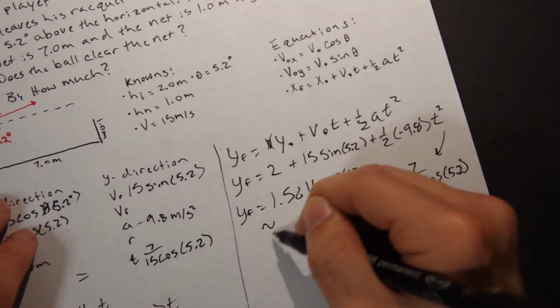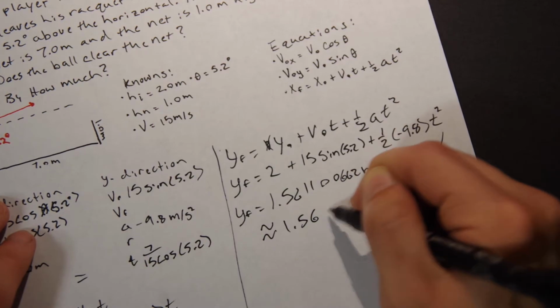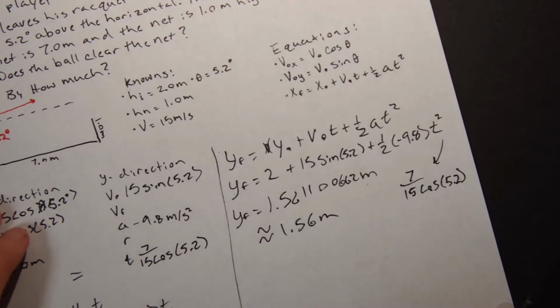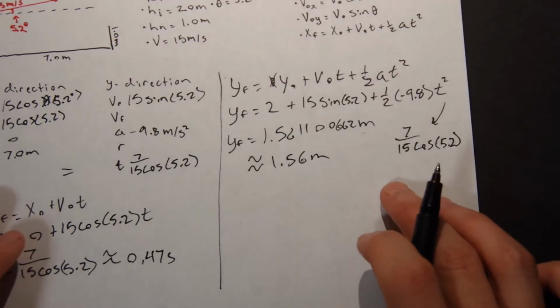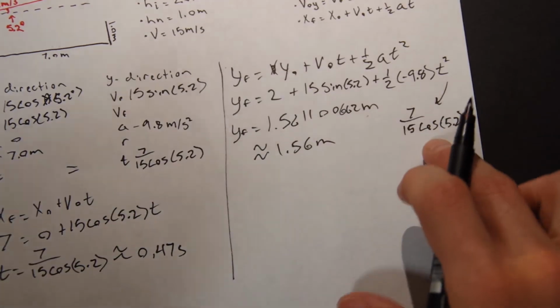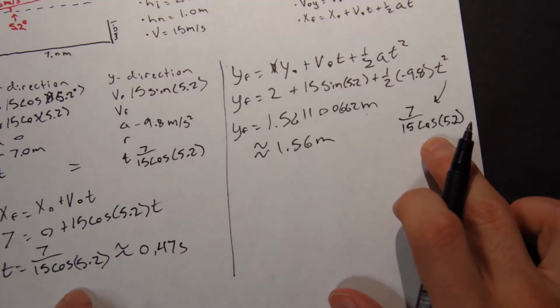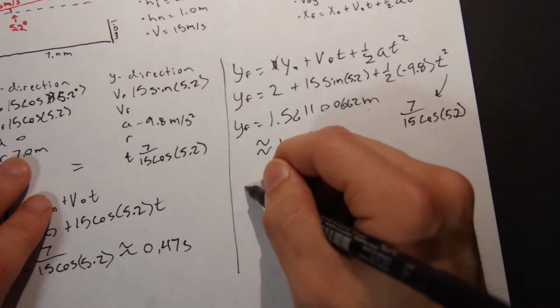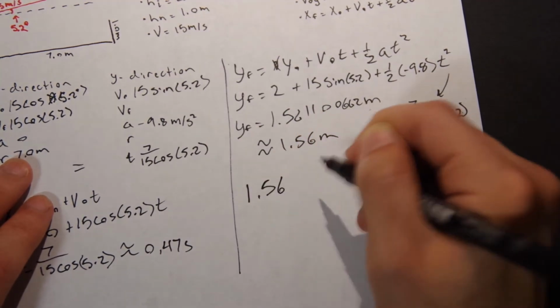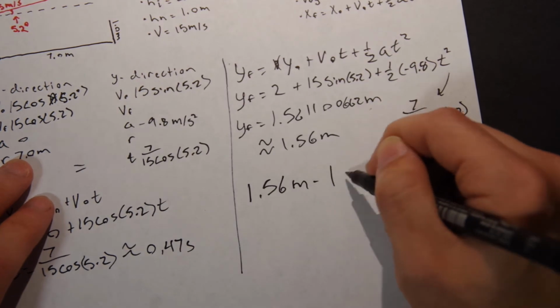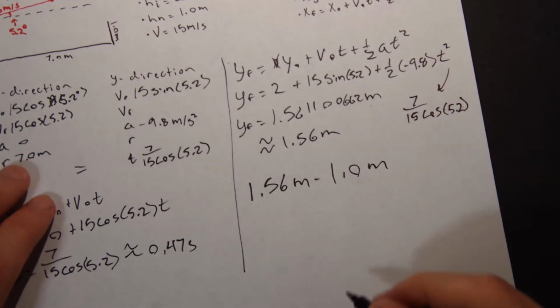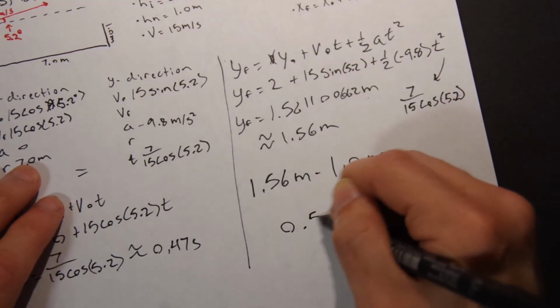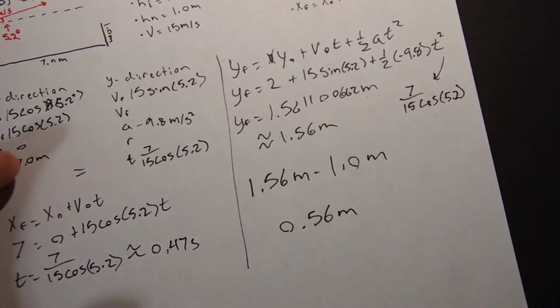I can just round that to 1.56 meters. So that's going to be the height of the ball at the time where it's crossing over the net. So now what we need to do is take this minus the height of the net. And for a final answer of 0.56 meters above the net.